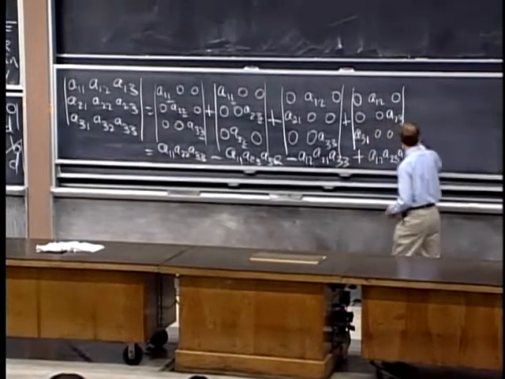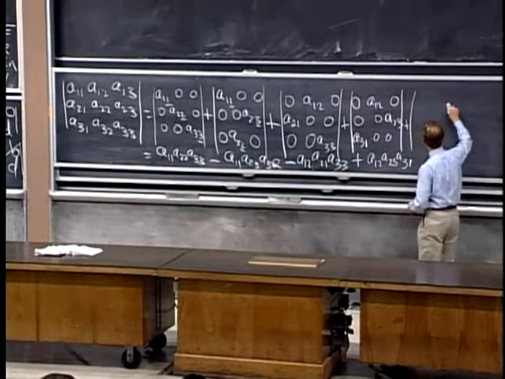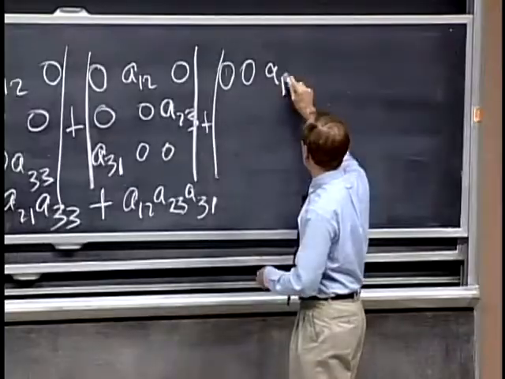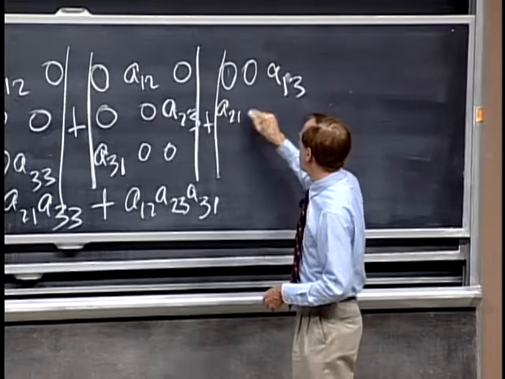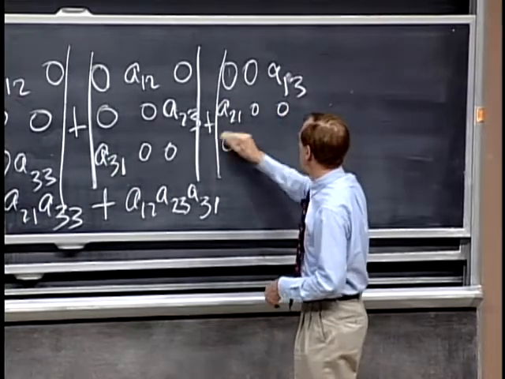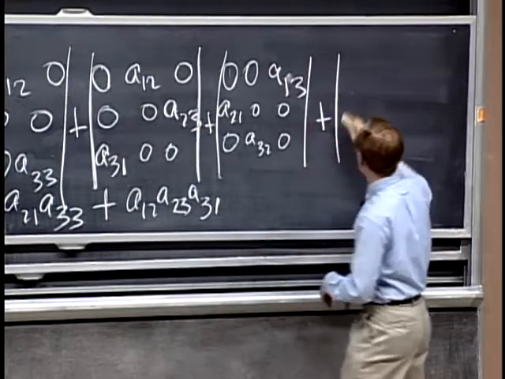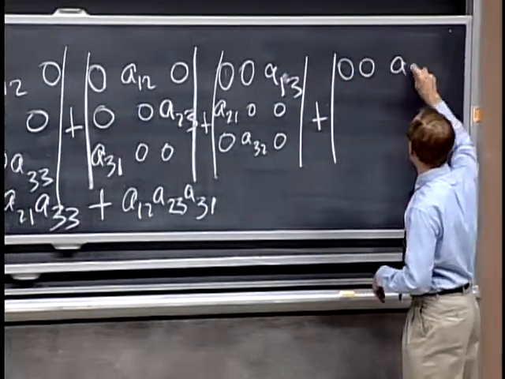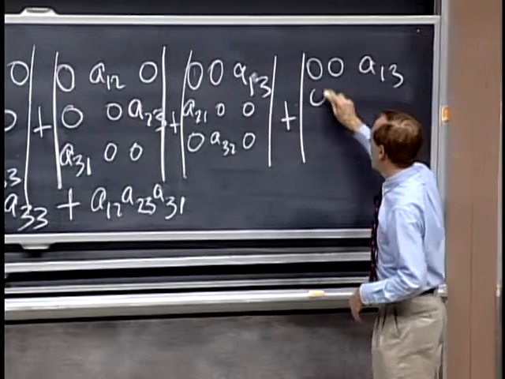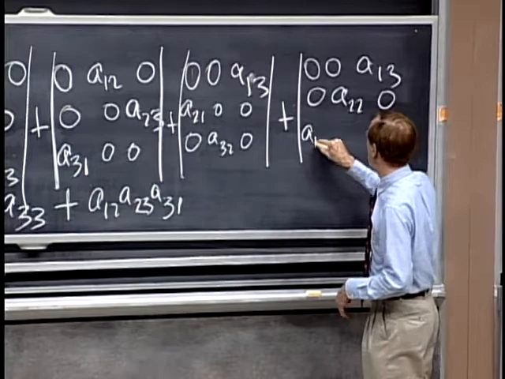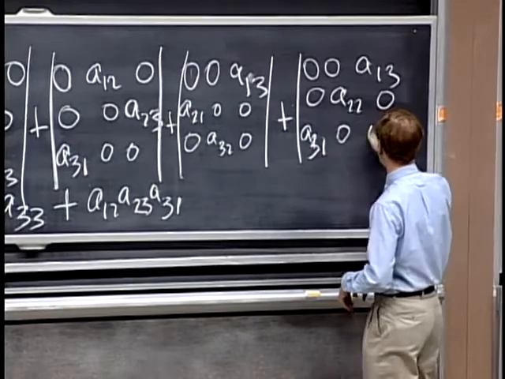Okay, and then finally we're going to have two more. 0, 0, A13, A21, 0, 0, and 0, A32, 0, and one more, 0, 0, A13, 0, A22, 0, A31, 0, 0.